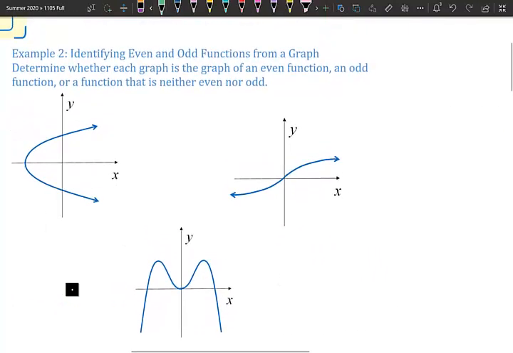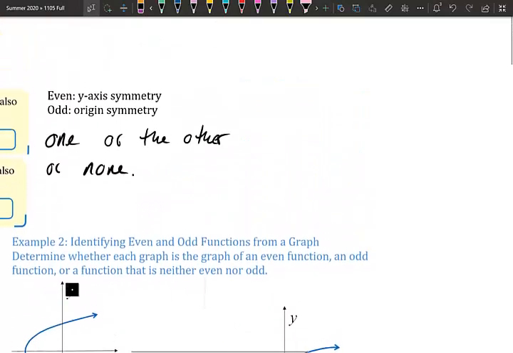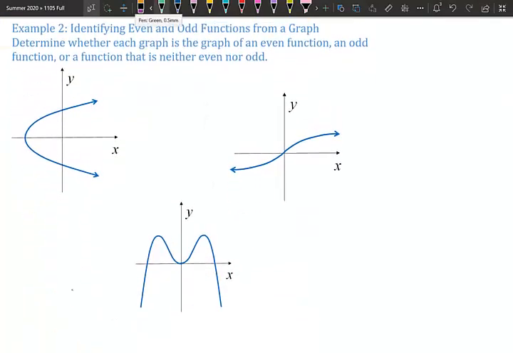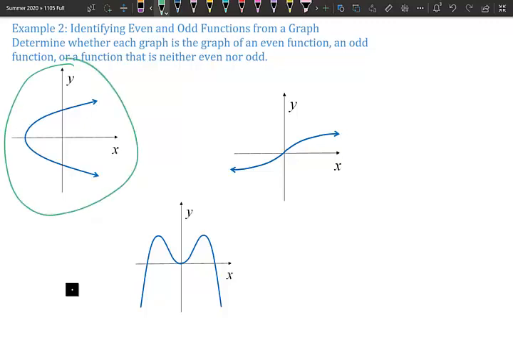Let's determine whether each graph is the graph of an even function, an odd function, or neither. And we're going to do that using symmetry. As a reminder, even is y-axis, odd is origin. So I have to imagine folding each graph. If I'm looking at this first graph right here, which way would I fold it to make it go on top of each other?